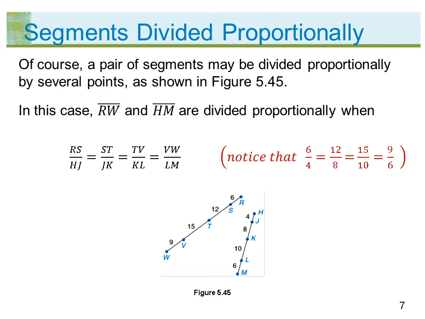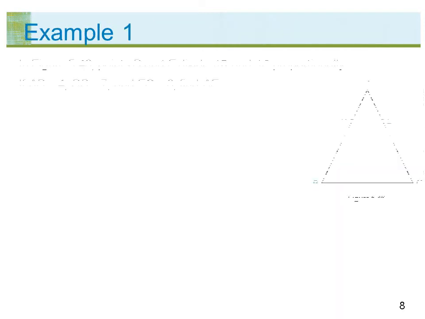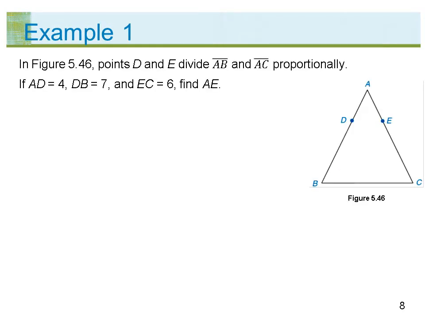Notice that 6/4 = 12/8 = 15/10 = 9/6. In figure 5.46, points D and E divide segment AB and segment AC proportionally. If length AD equals 4, length DB equals 7, and length EC equals 6, find AE.